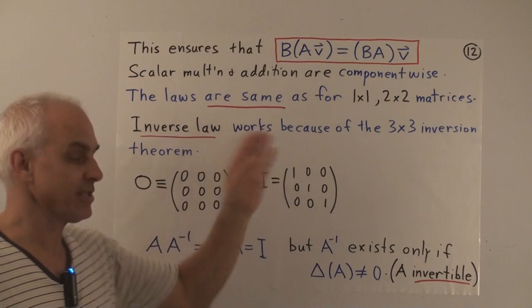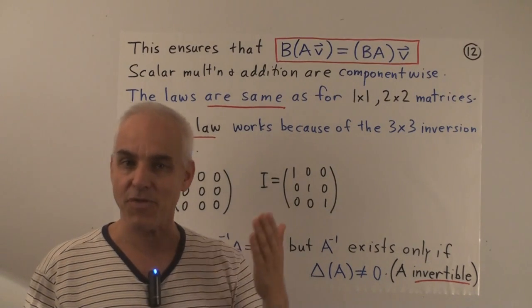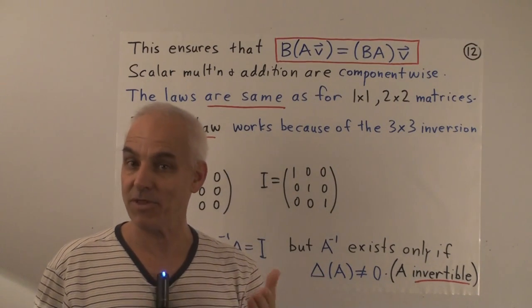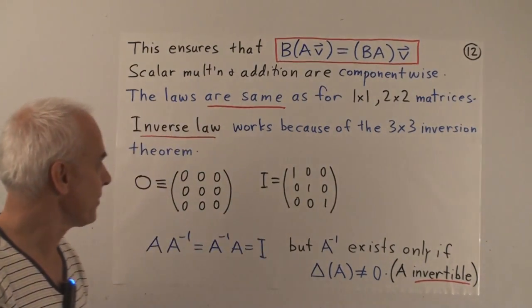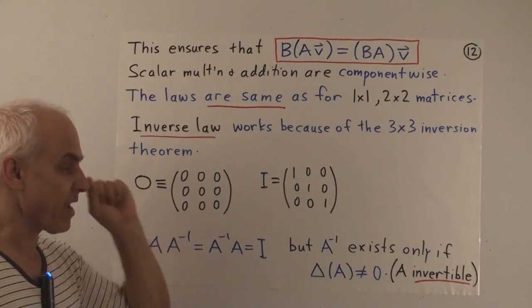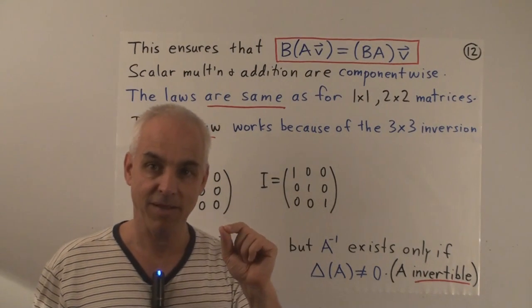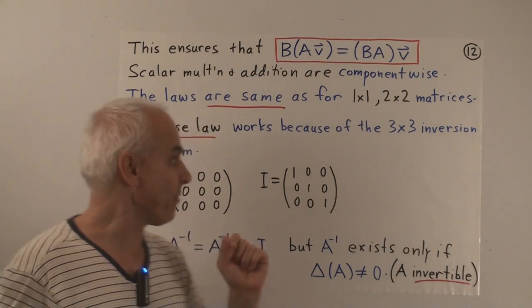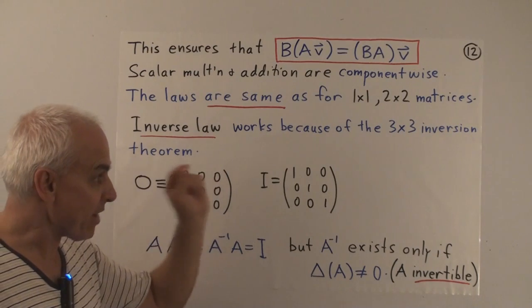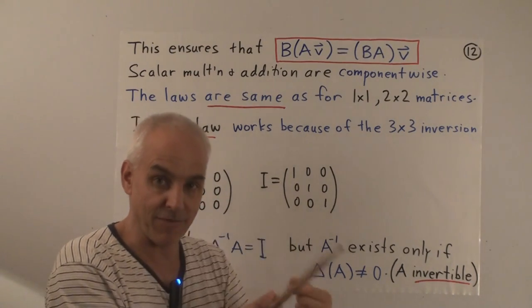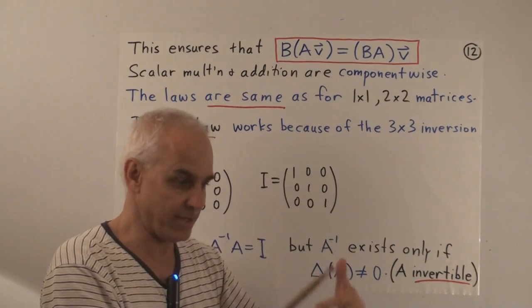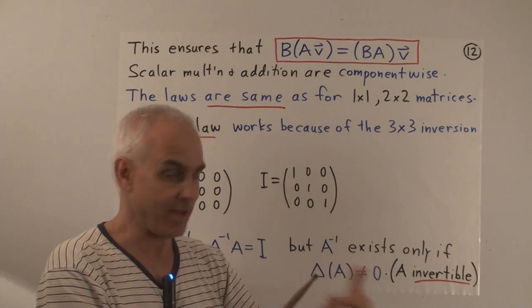And the various laws that I wrote down in the previous video for the 1 by 1 and 2 by 2 arithmetic for matrices hold exactly here. The inverse law works because we have demonstrated the inversion theorem: if the 3 by 3 matrix has non-zero determinant, we've exhibited the inverse matrix. We have actually found it and said, here it is. Okay?